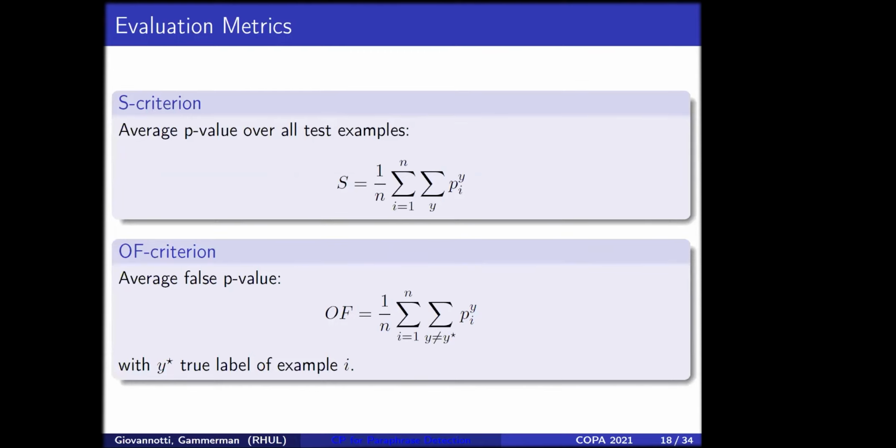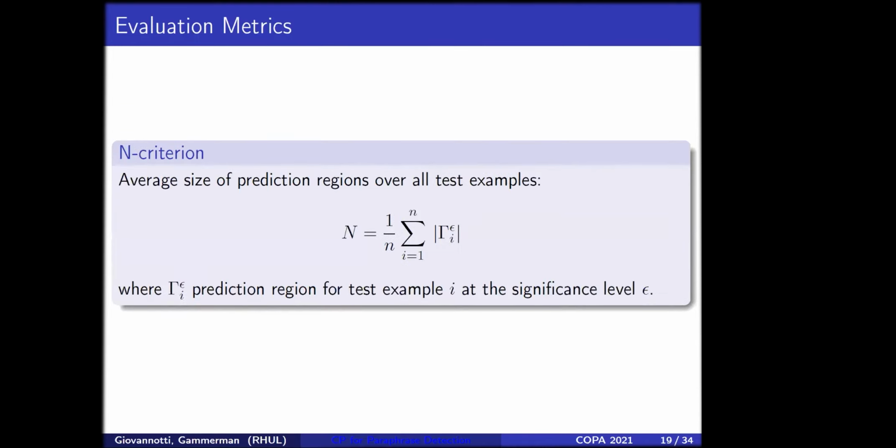For efficiency, we have the S criterion, which is the average p-value over all test examples, and the OF criterion, which is also called average false p-value, where we only count the p-values corresponding to the false labels. Both these values need to be possibly low or small, so the smaller the better.